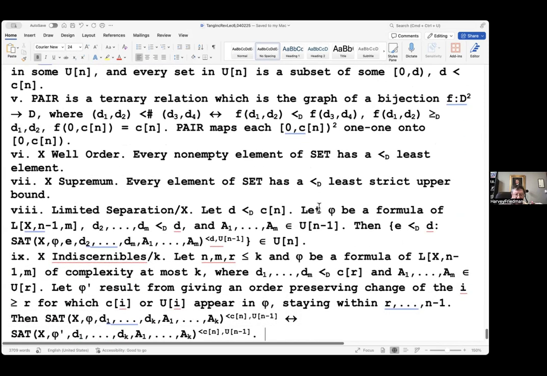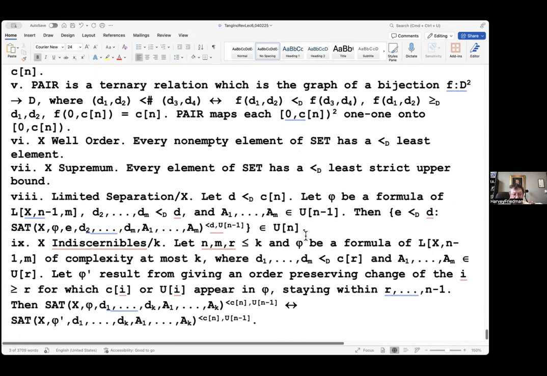The indiscernibility is for complexity less than or equal to K. Now, you remember the first thing we did in section 4.10 last week is to get rid of the K using a compactness theorem. This is from last week. But this is where we started and this is where we end today.